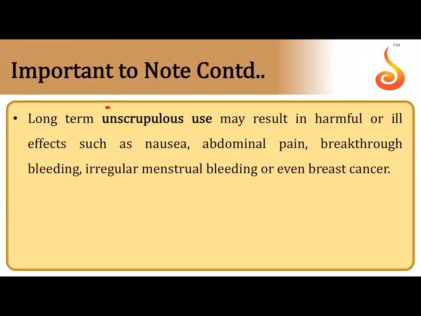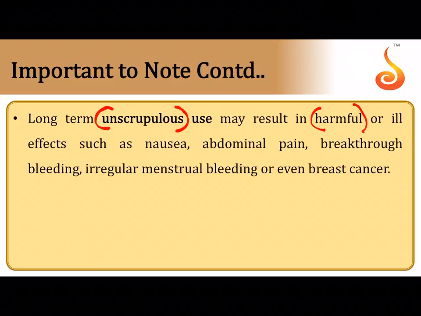Suppose a couple is using contraceptives unscrupulously, without any guidance and without any supervision, and erratically for a very long period of time, then it can prove to be very harmful, especially chemical methods.